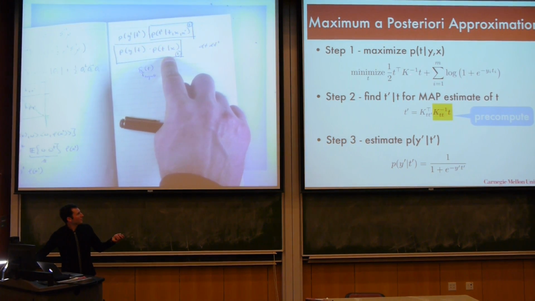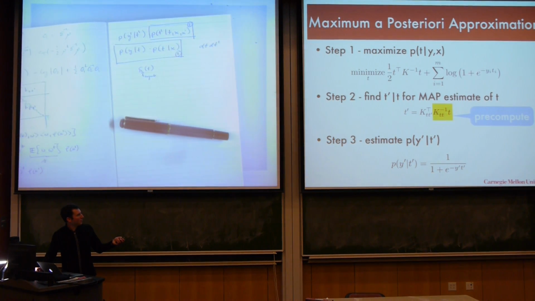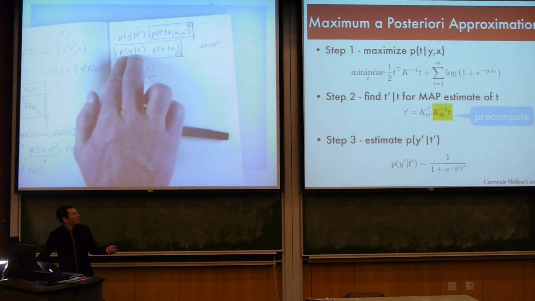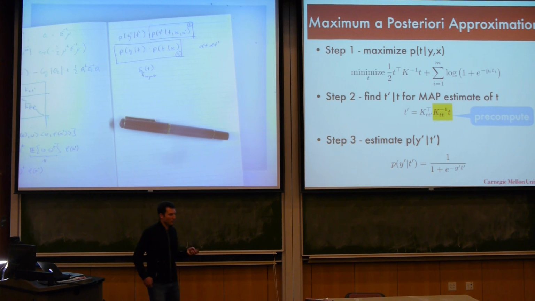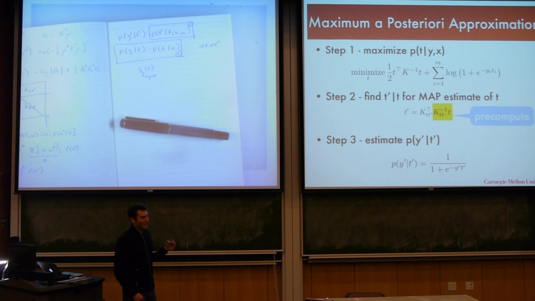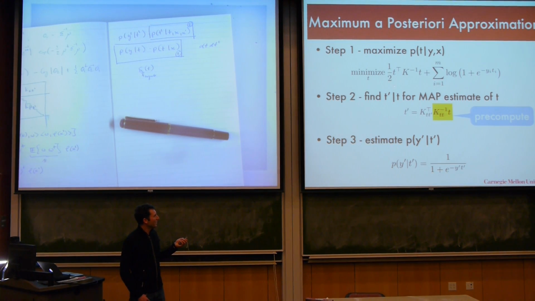That's where this comes from. And then we have here the log of 1 plus e to the minus yi. Well, that's this term here. We have just m of those. And we've taken the log, and since we need to do the argmax, we might as well minimize the negative log, and so there's an optimization problem.